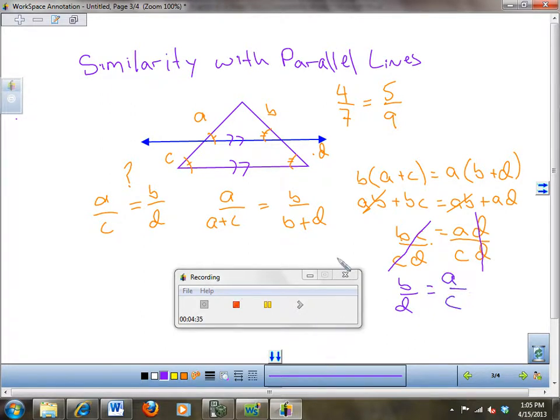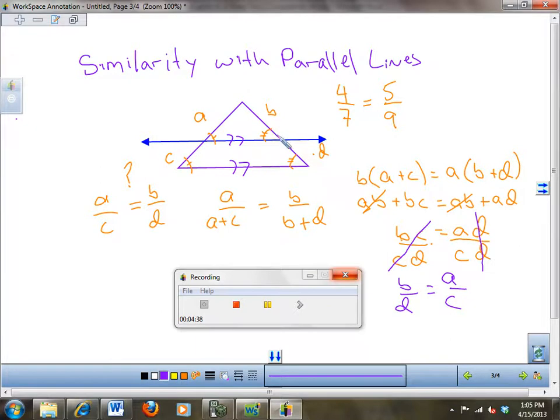A is to C. So what I just did is I proved, see how this says, we want to know is A over C equal to B over D? So I proved that that is always true because A is the side of this smaller triangle, and A plus C is the side of this big triangle, right?